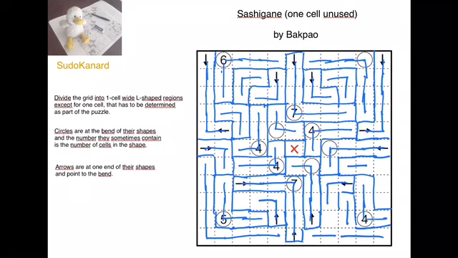This has to come out. We get this region. And I think the only way is this. And this completes the solve of this excellent Sashigane puzzle with 1 cell unused by Bakpao.